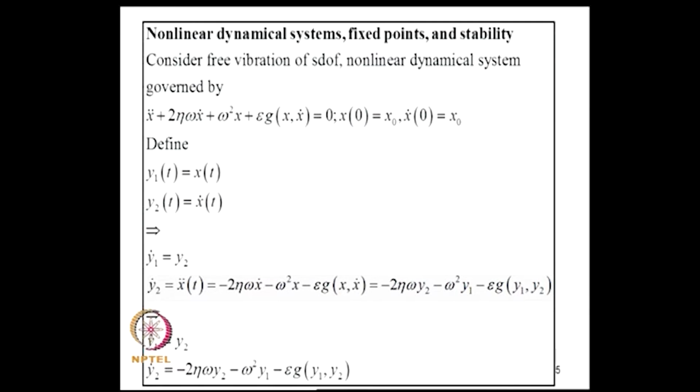In terms of y1 and y2, the equations can be written in a compact manner like this. This is a pair of first order equations which are mutually coupled, so y1 has terms containing y2 and y2 has terms containing y1.